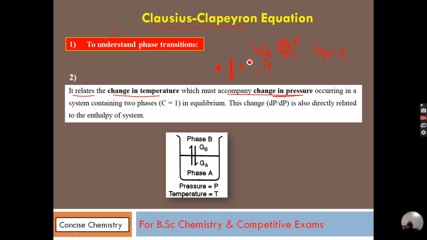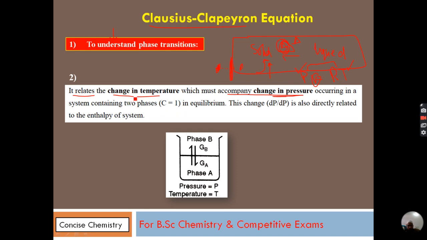Why? Because when the system is in equilibrium, since volume is kept constant, we have PV equals RT. Okay? So when volume is constant, that means the pressure is directly related to the temperature. If you alter the temperature, pressure will also accordingly alter.